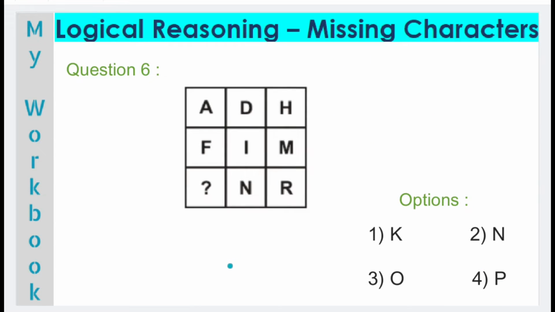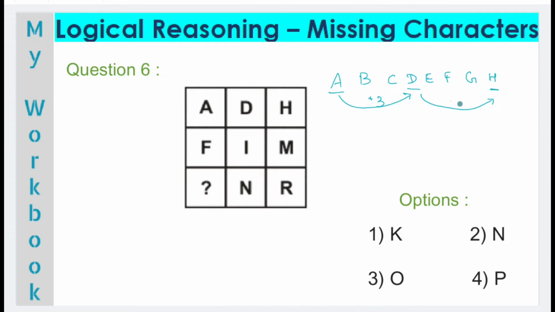Question number 6. We have a square grid with the alphabets given. Let's go row wise first. A, D, and H. A and D are 3 spaces apart from each other. If we add 3 to A, we get D. And D and H are 4 spaces away from each other.